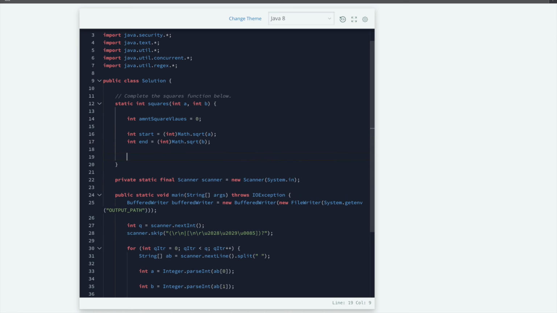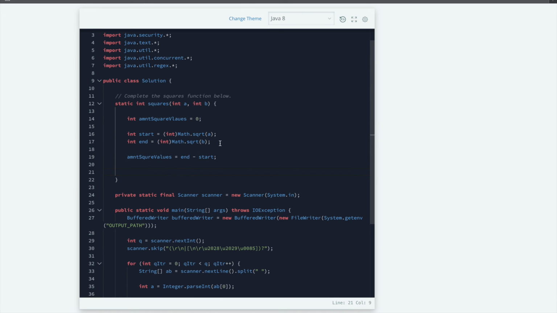Okay. So now we would say our amount of square values would be equal to the end minus the start. As we said, we want to check if our initial start is in fact an integer value within that interval. The way we do that is we get our start and square it.